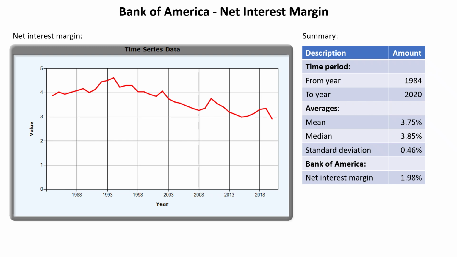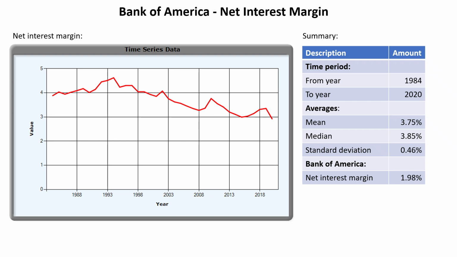So you say, well, geez, Bank of America is only making 1.98% on their interest earning assets versus a mean and median for all banks of close to 4%. And if we look at the graph to the left, we can see that net interest margin has trended down to about 3%. So we can use 3% as pretty much what we're looking at for all banks.